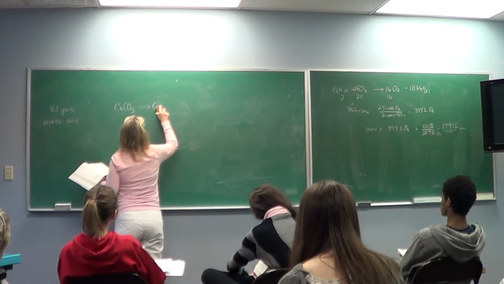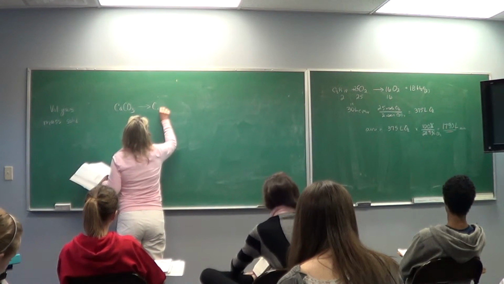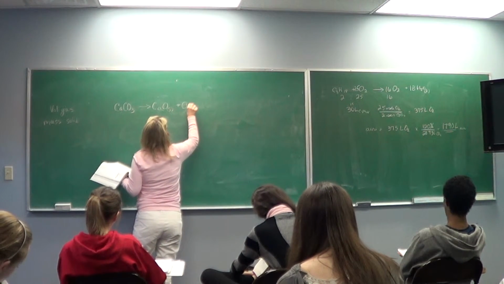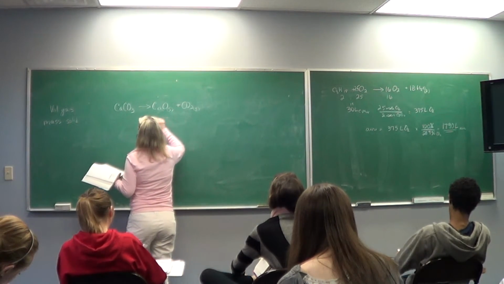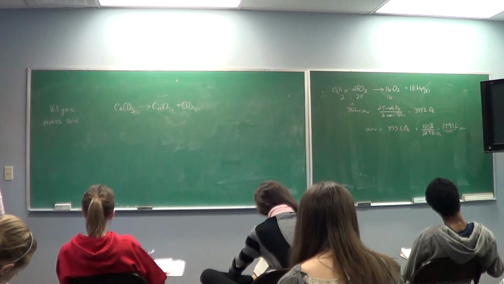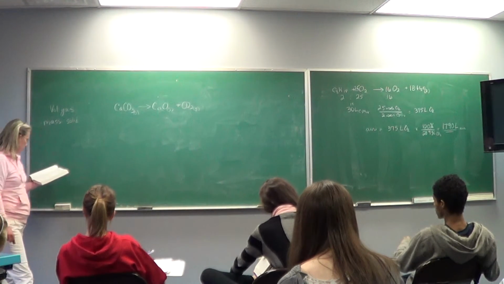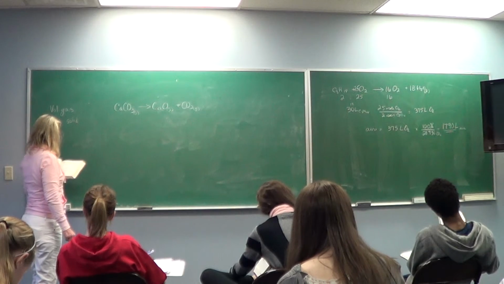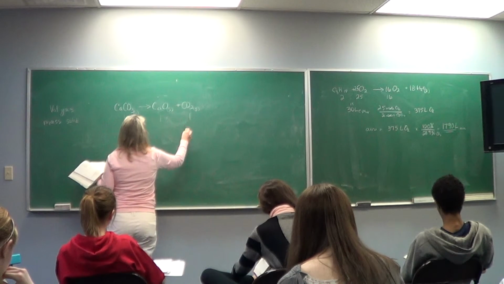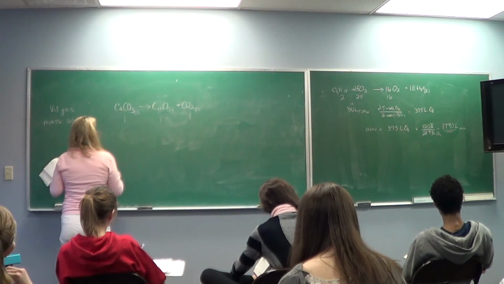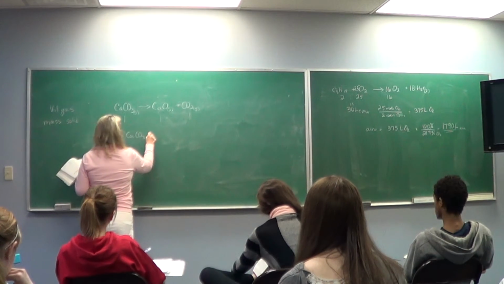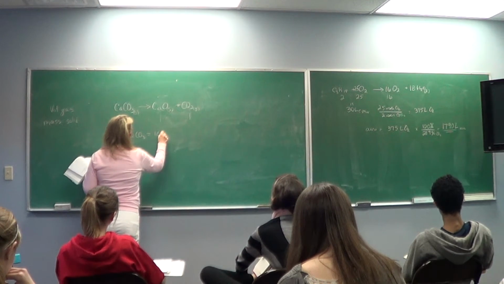Sorry, I'm going to do the solid first: CaCO3 goes to CaO, which is a solid, plus CO2. So we have 1 mole of this gives us 1 mole of that, gives us 1 mole of that. We know that 1 mole of calcium carbonate equals about 100 grams.